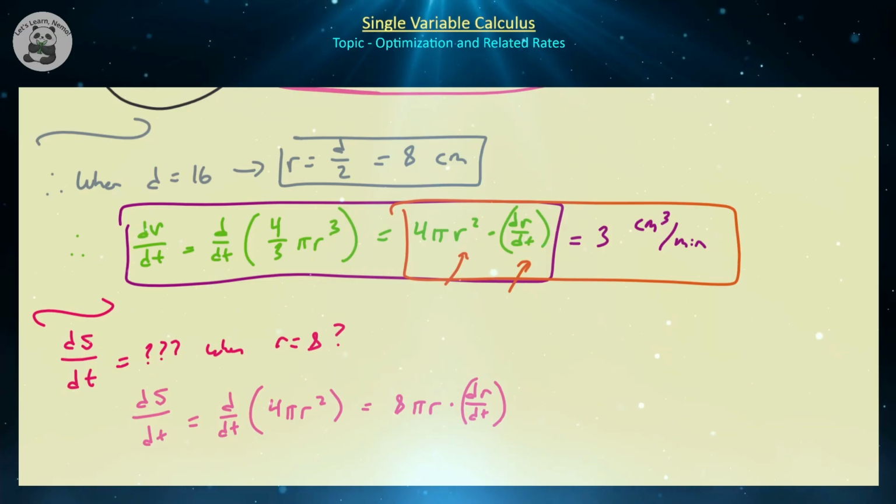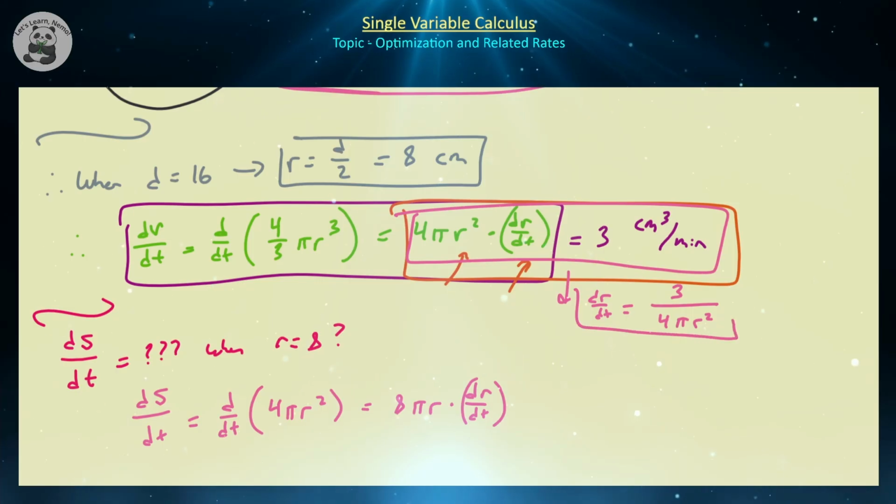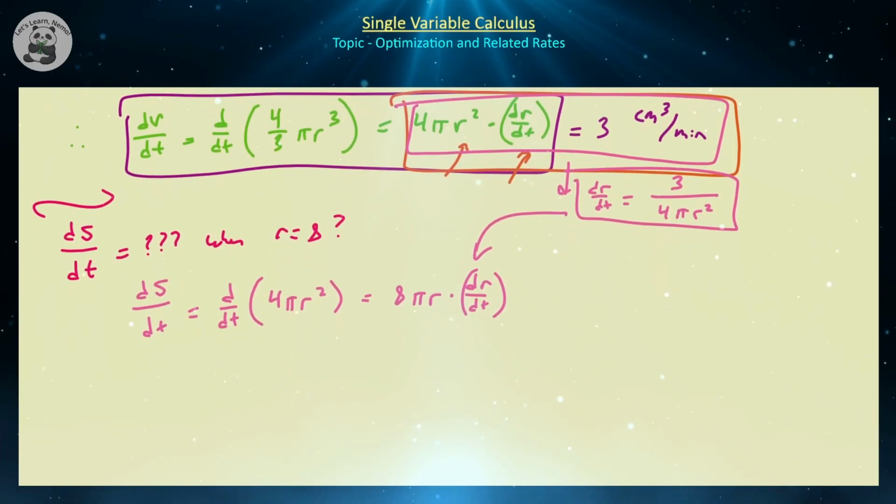So what is dr/dt? From the volume relation, we can solve for dr/dt, because dr/dt will be equal to 3 over 4 pi r squared. Then we can substitute that into this equation, and that will get rid of the dr/dt that we don't know.